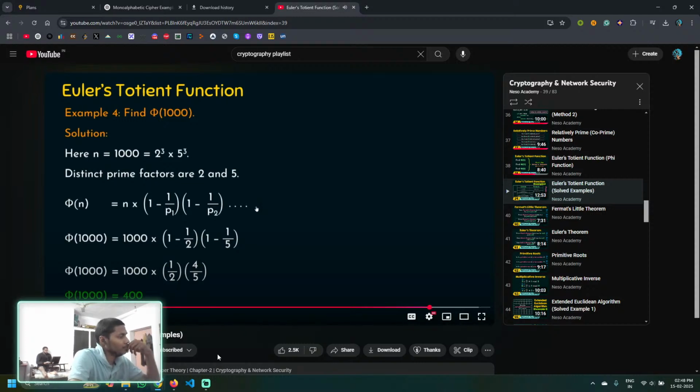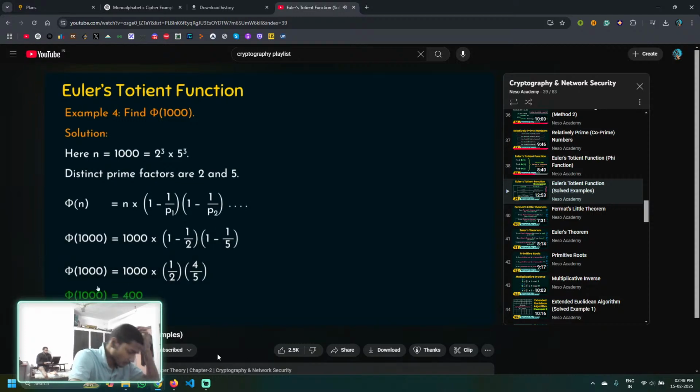So obviously time consuming, but we got that there are 400 positive integers that are less than 1000 that are relatively prime to 1000. How easily we obtained this.